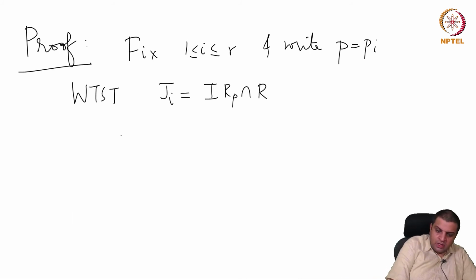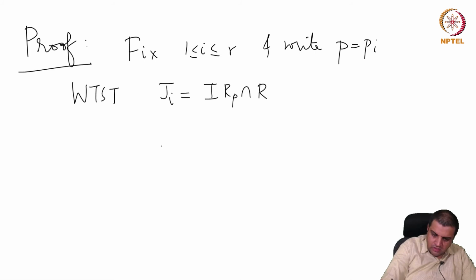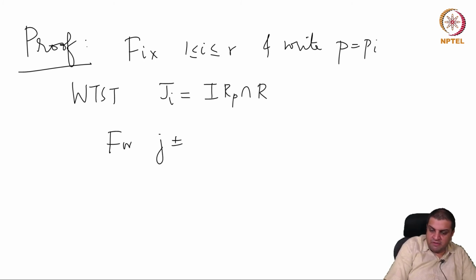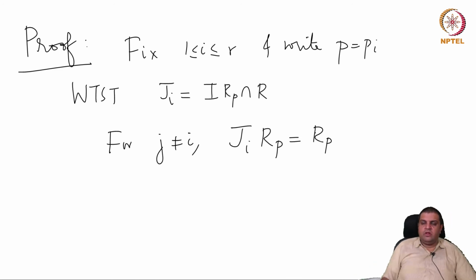Now one can check the following, which is I extended to Rp. For j different from i, Ji extended to Rp is all of Rp. Why is that?